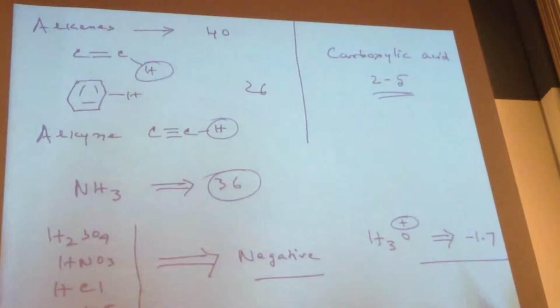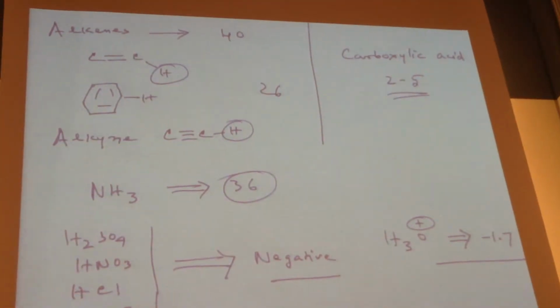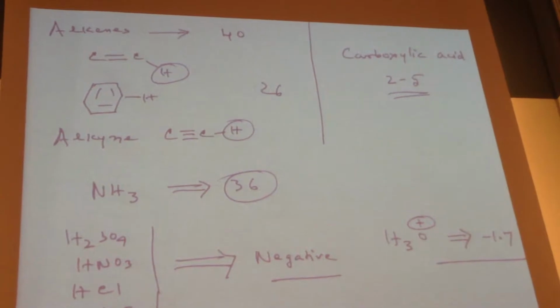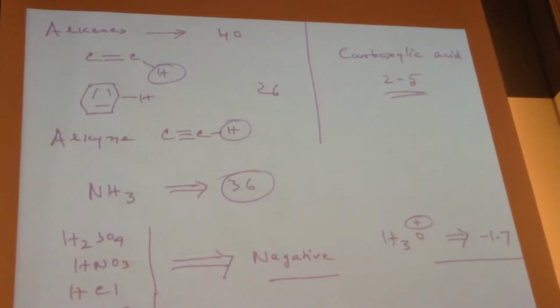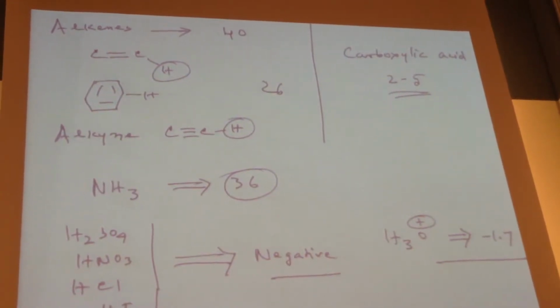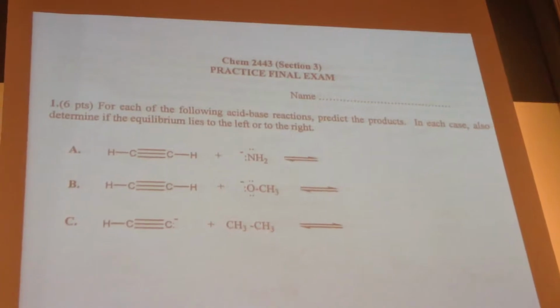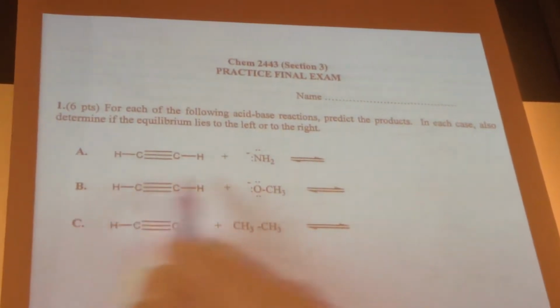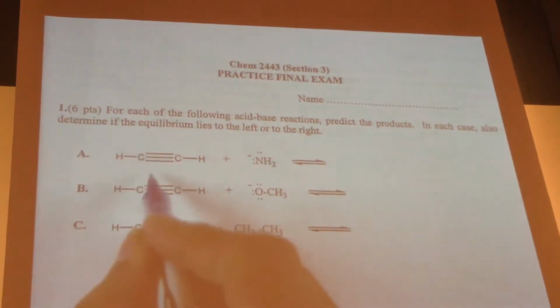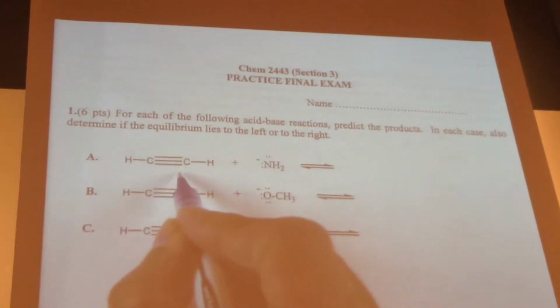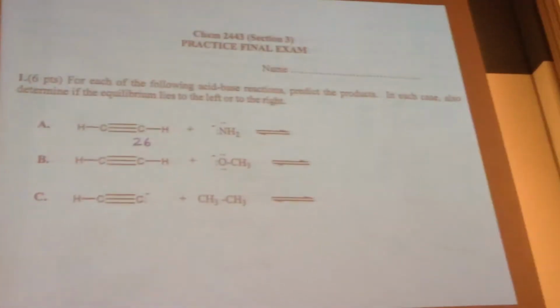So these are some of the acidities that you should be familiar with. And you don't have to remember the numbers. Most of the numbers are approximate, but you should know the range. Okay? All right, so going to that, now we can figure out the answer to this question. So we already mentioned the pKa of acetylene would be about 26.